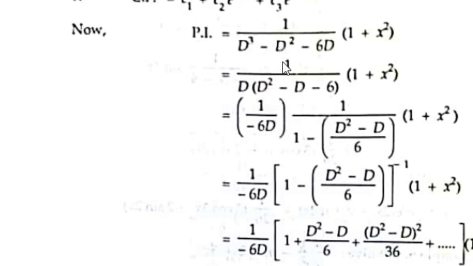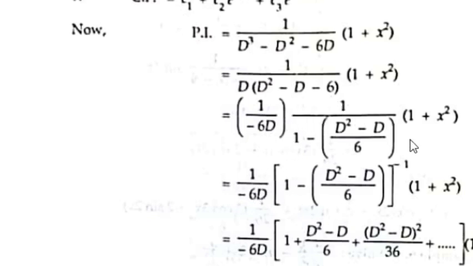Now see here, 1 by D as it is. Now in this case we have to bring this in the form of 1 plus D form. So here what we do, we take minus 6 common, so that minus 6 is multiplied with this D. So it gives 1 divided by -6D, into 1 minus (D^2 - D)/6, into (1 + x^2).